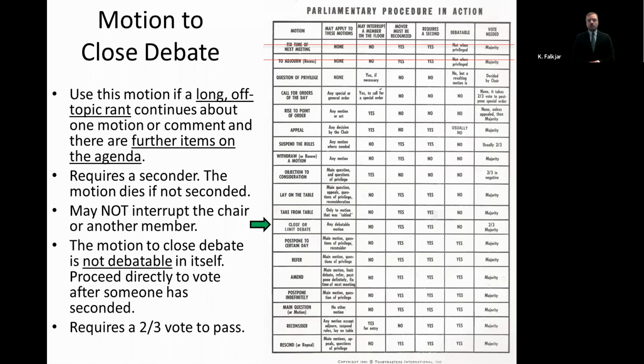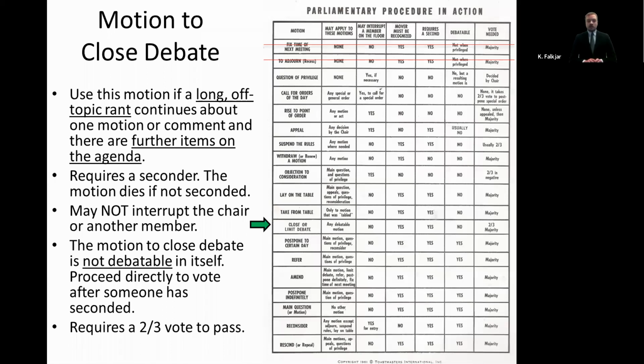Note, this is the third case of the 3 cases where it's a 2/3 vote to pass. Again, it's a 2/3 majority because it's a suspension of procedural rules, where we are closing debate and potentially silencing certain people.